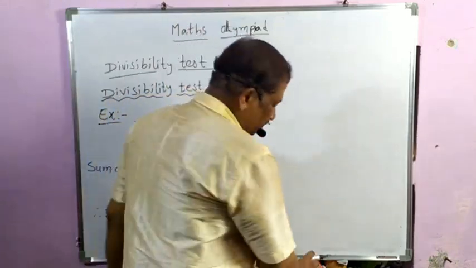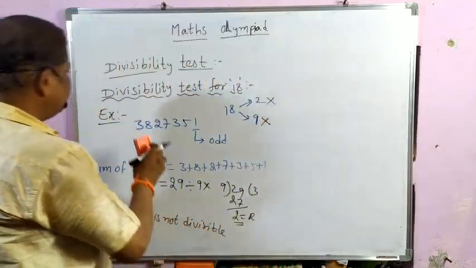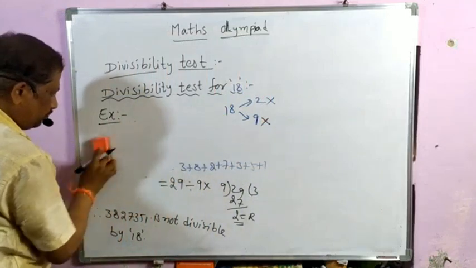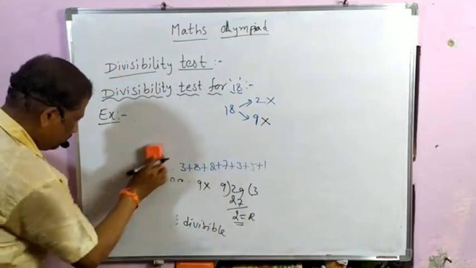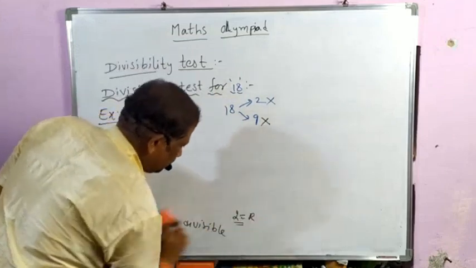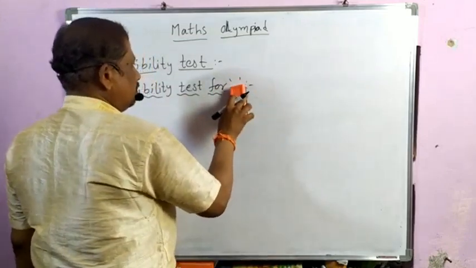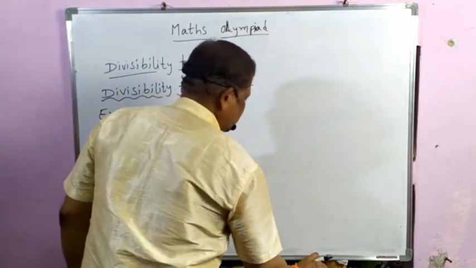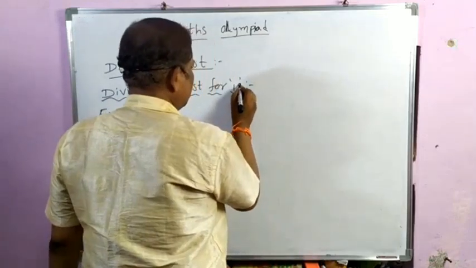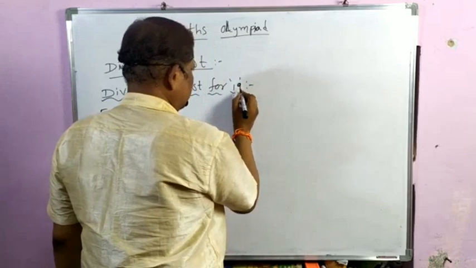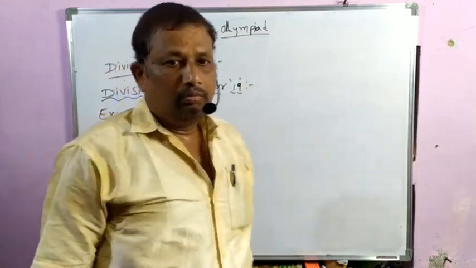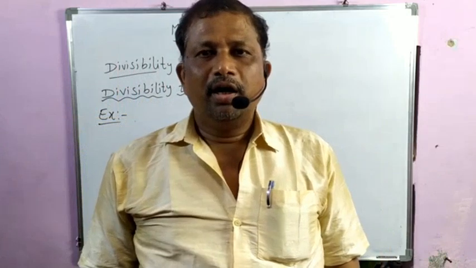Next, divisibility test for 19. What is the divisibility test for 19?